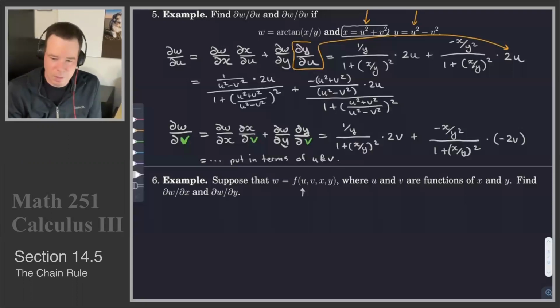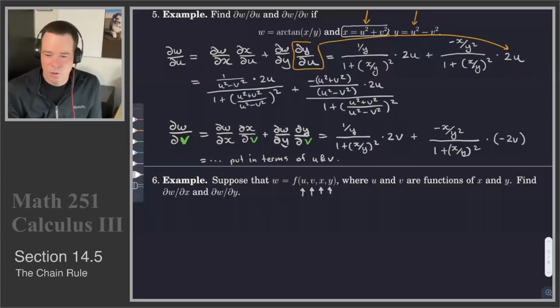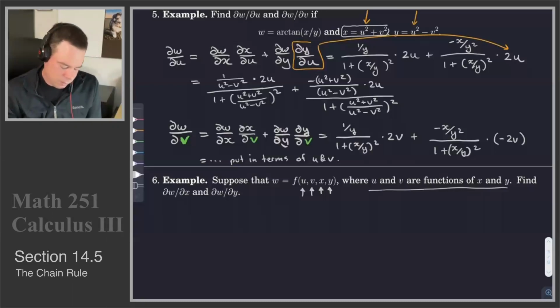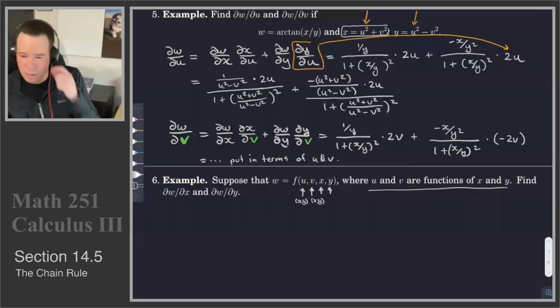In this case, we've got w as a function of u, v, x, and y. So it's a function of 4 variables, but u and v are functions of x and y. And then there's x and there's y there as well.